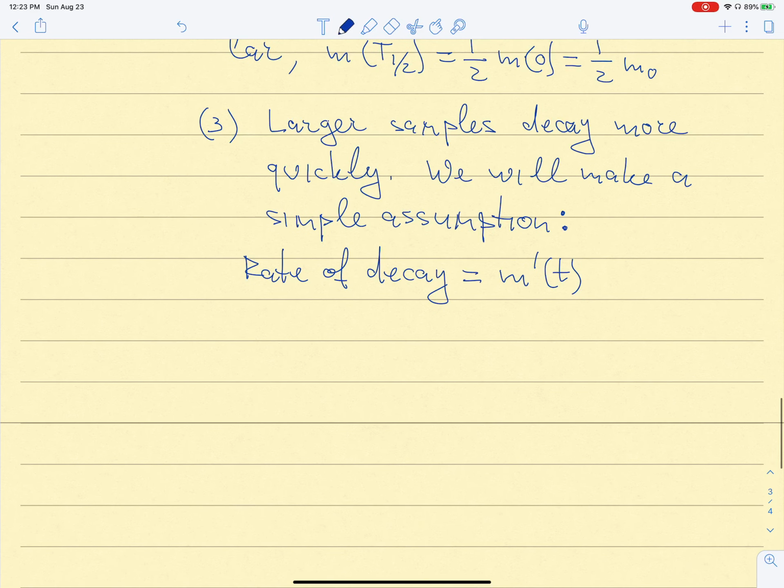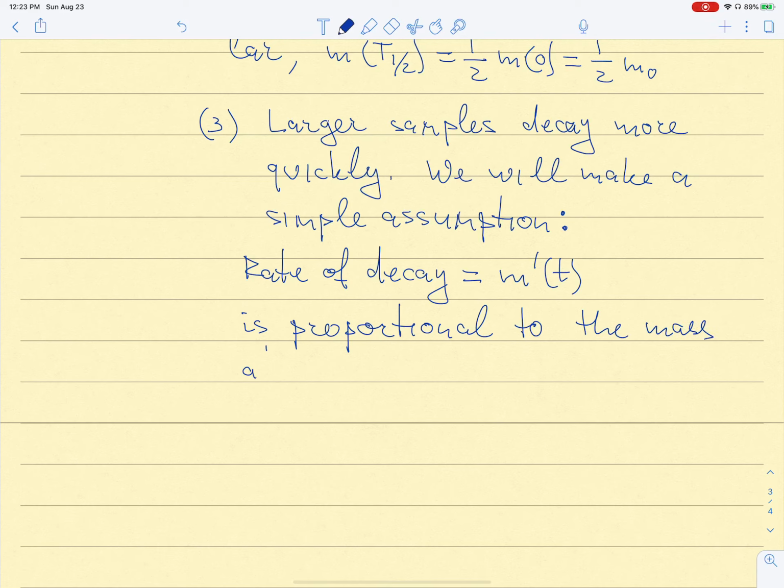So I'm going to assume that it is proportional to the mass at time t.